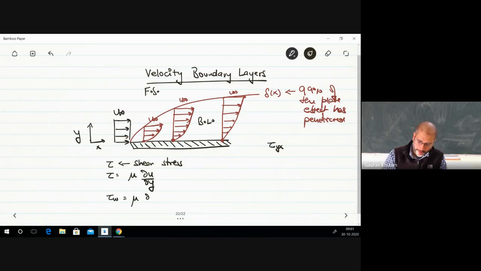That is mu times del u by del y at y equal to 0. So that's the most important quantity that you want to calculate. And once you have the wall shear stress, you can multiply that by the surface area, or if the tau wall is changing as a function of the x value here, then you integrate over the whole surface area to get the force. The force is shear stress times the area, integrated.